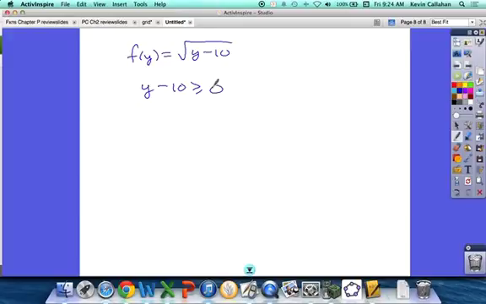If it's not greater than or equal to 0, it's negative, and you can't take the square root of a negative. So solve that for y. Y is greater than or equal to 10. That's the domain. You can plug in any value of y that makes that true. Okay.